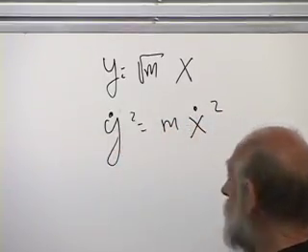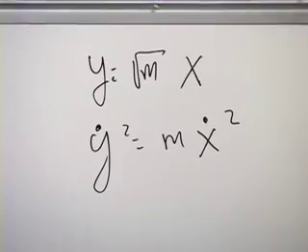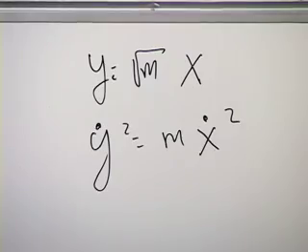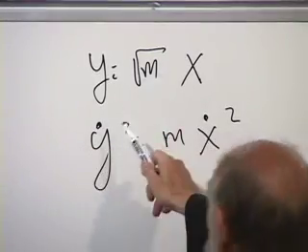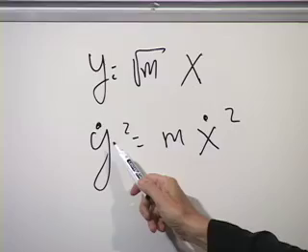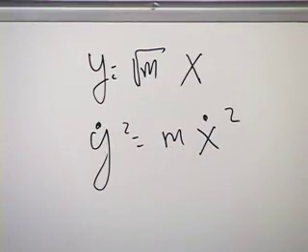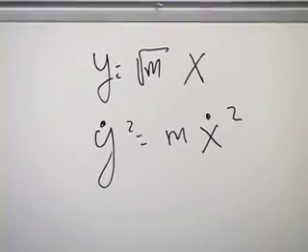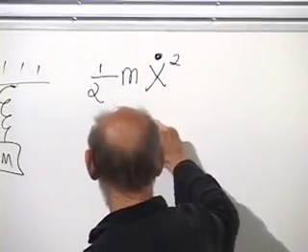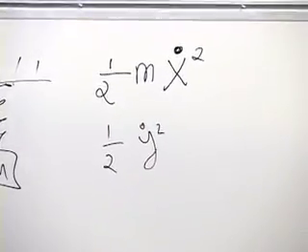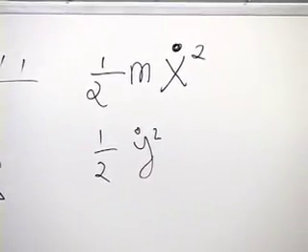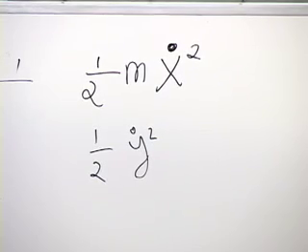So if I chose to work with the y coordinate instead of the x coordinate, it's really just a change of units. Then y dot squared is equal to m x dot squared, and I could call this just 1/2 y dot squared, and get rid of the mass altogether. Let's do it. It will simplify many of our equations.